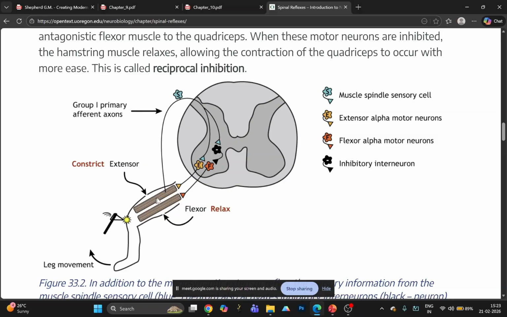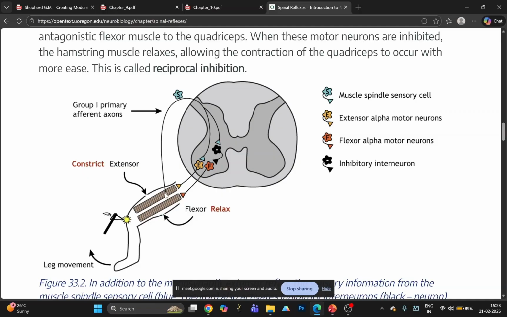Now, at the time the quadriceps has to contract, the hamstrings should be relaxed, right? That means the hamstring should not also contract at the same time. If both of them contract, that will be a problem. So when the quadriceps is contracting, the hamstring has to relax. But how will the hamstring know that it has to relax?